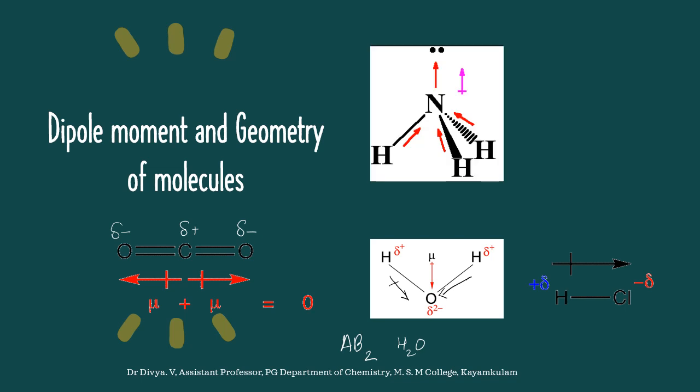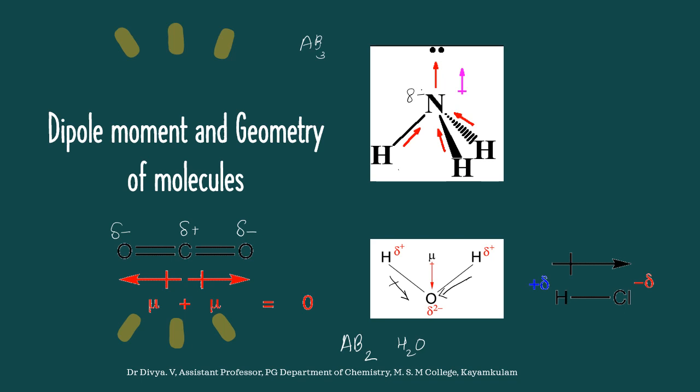Another example is ammonia. The shape of the ammonia molecule is pyramidal in nature. This is an example of an AB3 type molecule. Ammonia is an AB3 type molecule. Here nitrogen is more electronegative. So the electron pair shifts towards nitrogen, so that nitrogen gets a partial negative charge.